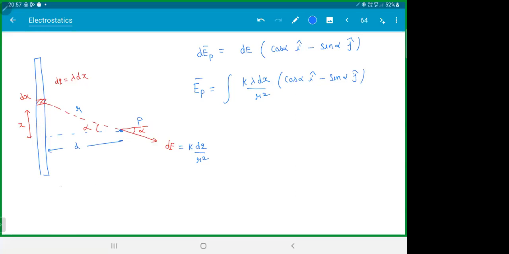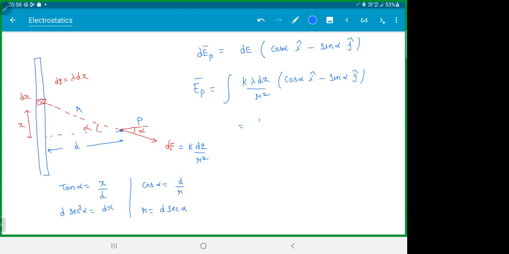Now, from here we know tan alpha is equal to x by d. Differentiate on both sides: the differential of tan is secant square alpha d alpha, and this will be dx. We also know cos alpha is equal to d by r, so r is equal to d sec alpha.